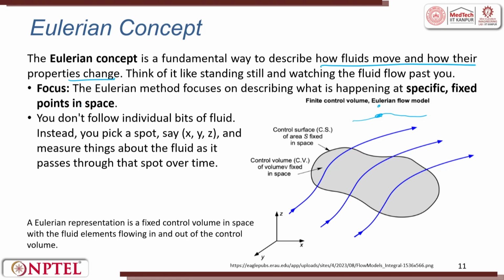The Eulerian method focuses on describing what is happening at a specific fixed point in space. Earlier, it was moving along; now it is at a fixed point. You don't follow individual bits of fluid. Instead, you pick a spot, say x, y, z, and measure things about the fluid as it passes over that particular spot over a period of time.